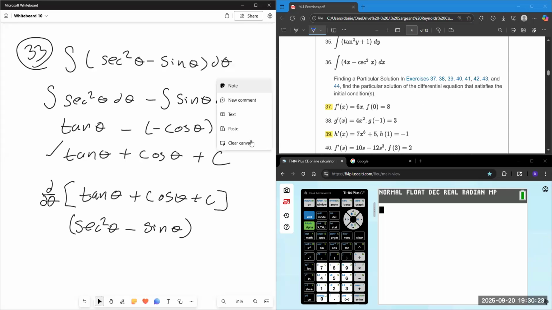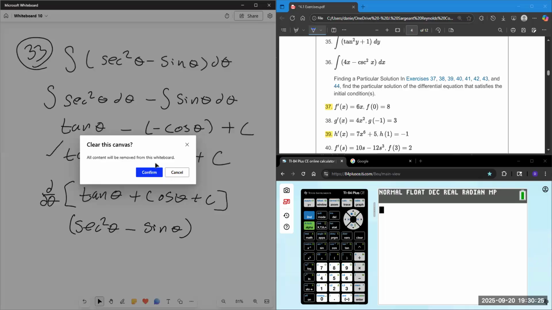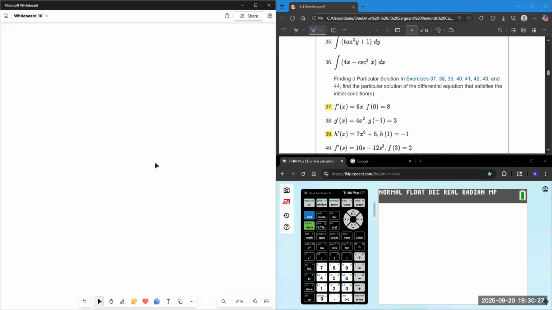And we're going to start finding particular solutions. So we'll be solving for the constant of integration C. F prime of x is equal to 6x, and we're given the initial condition that f of 0 is equal to 8.